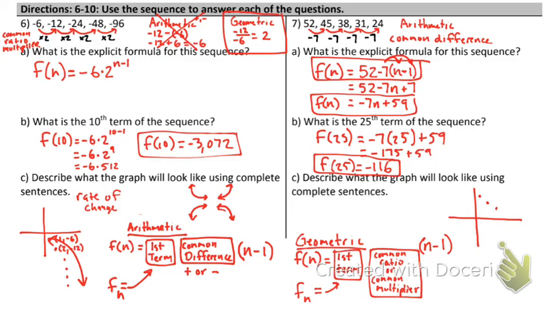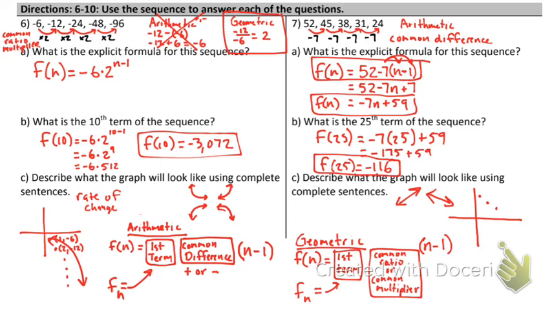Okay, and we should know that we should have a line graph, because arithmetic sequences make linear graphs. Geometric sequences make exponential curves. Those are the two options.